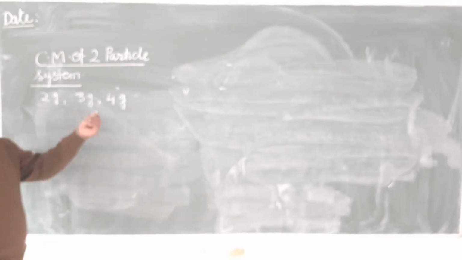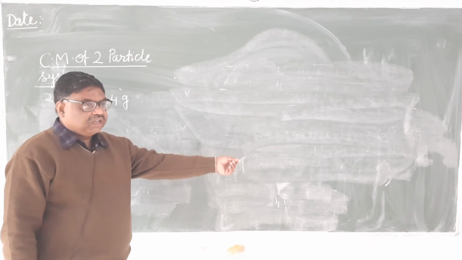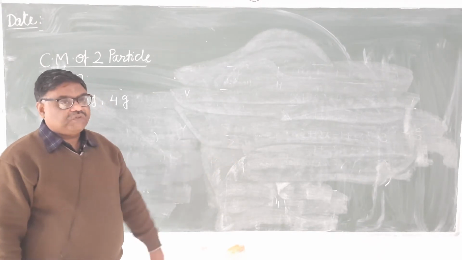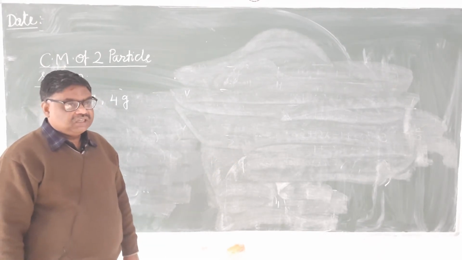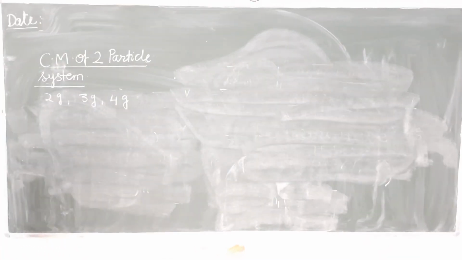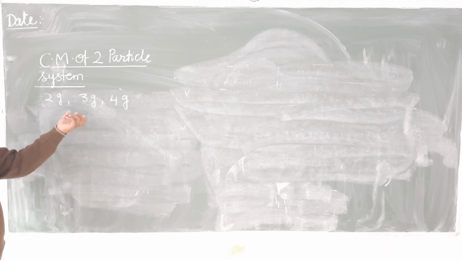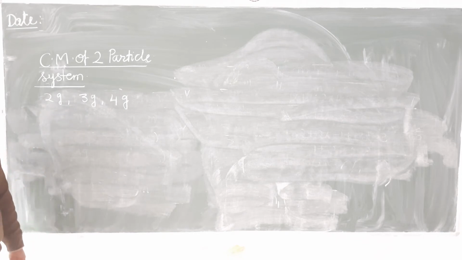So what will you do? And if some unit is given, then that also we will write. Suppose if centimeter is given, then with both coordinates we will write centimeter. It is clear? So see here, we have to choose the origin as well as the coordinate axis.